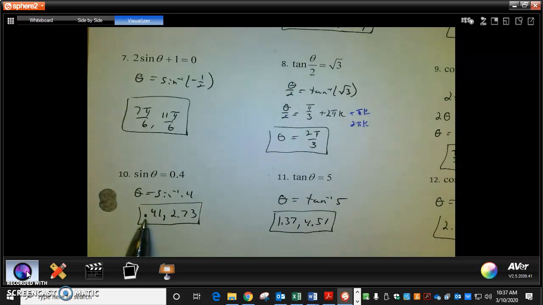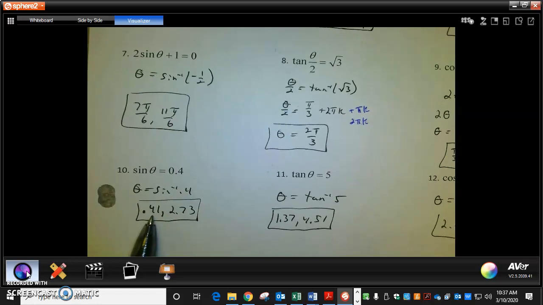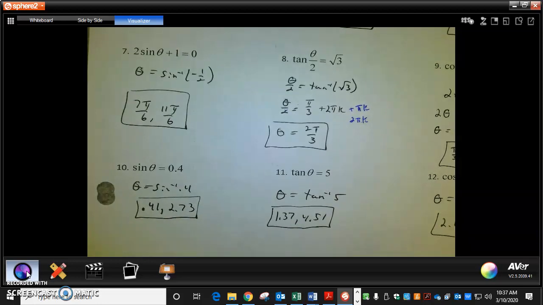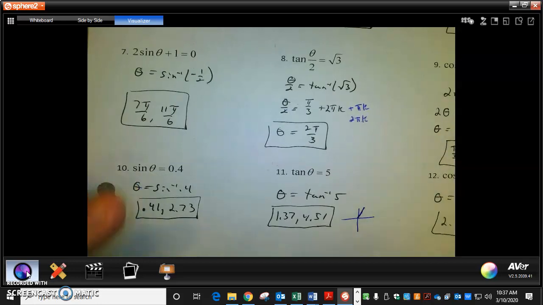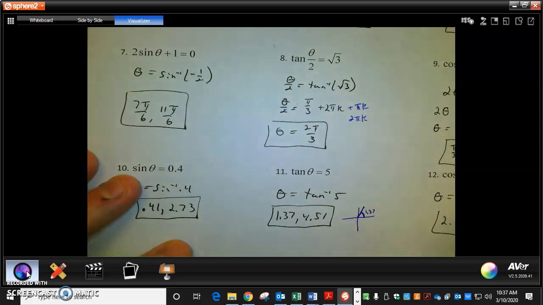There's another angle in quadrant 2 that has a sine value of 0.4 as well. And so I took this angle, I subtracted it from pi, and that gave me this angle. For number 11, I did the inverse tangent of 5, and I got 1.37. 1.37 is an angle in quadrant 1, and this is 1.37 radians.